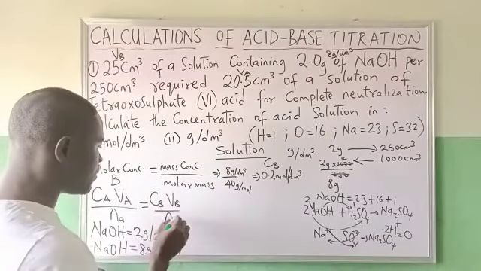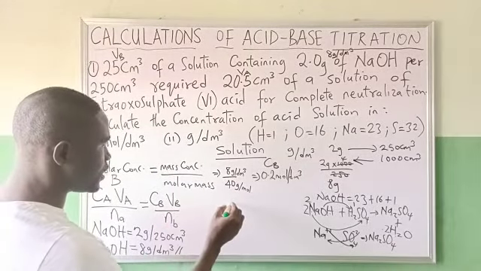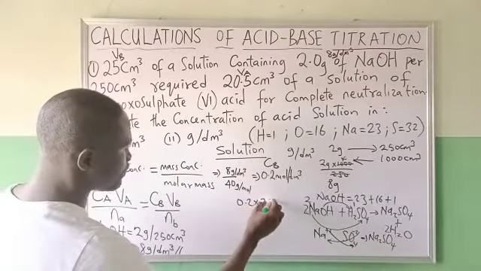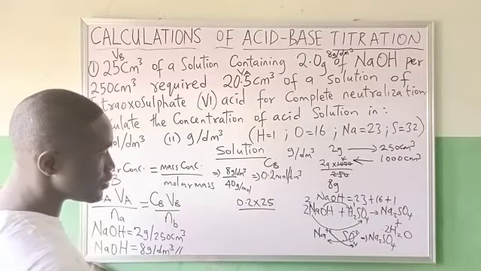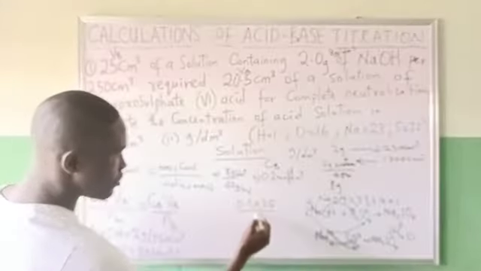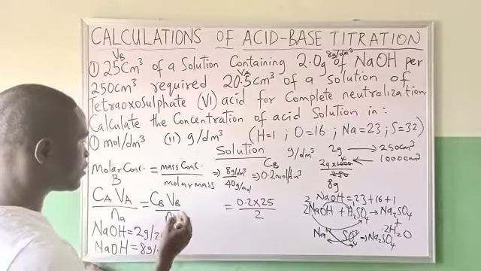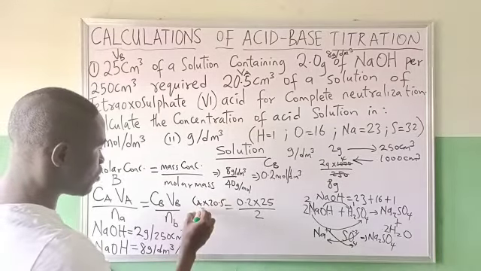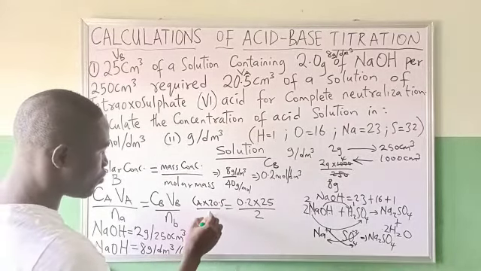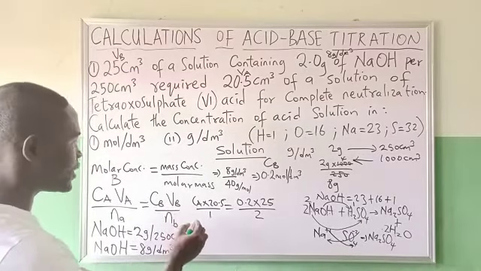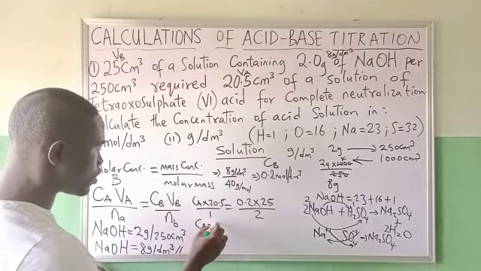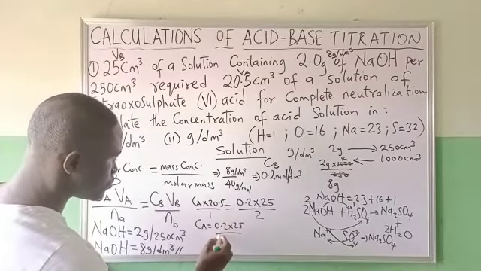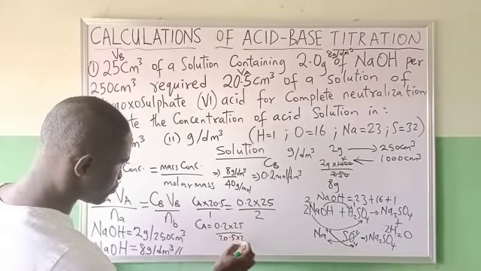So that means Nb will be equal to what? So Cb is what? 0.2 times Vb was given to be 25 all over Nb. Nb ratio of sodium equals to Ca. We are looking for Ca, Va 20.5 all over Na 1. That means that our Ca will be equal to 0.2 times 25 all over 20.5 times 2.